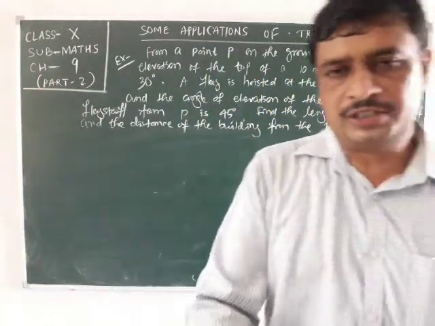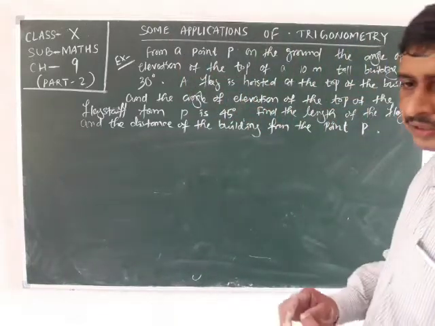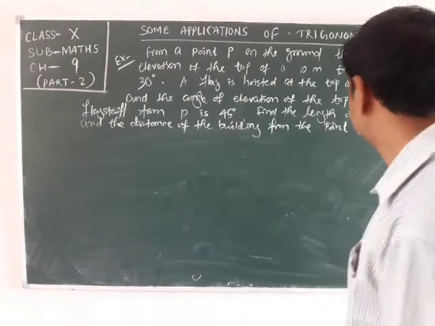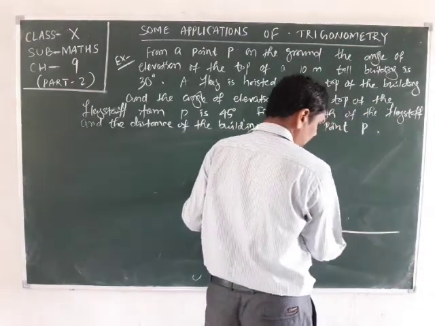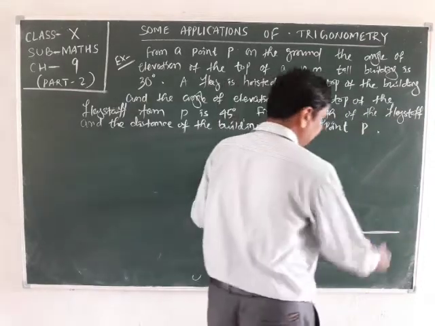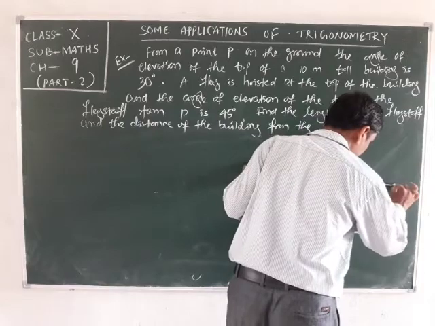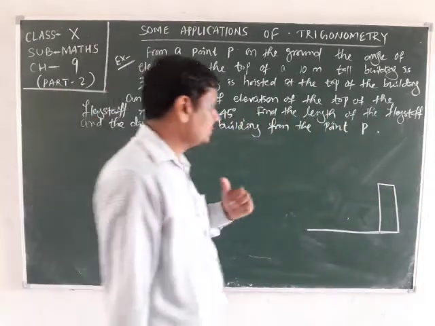First we have to draw the diagram which is appropriate for this question condition. It is the ground. A building is here, and on the top of the building there is a flagstaff.